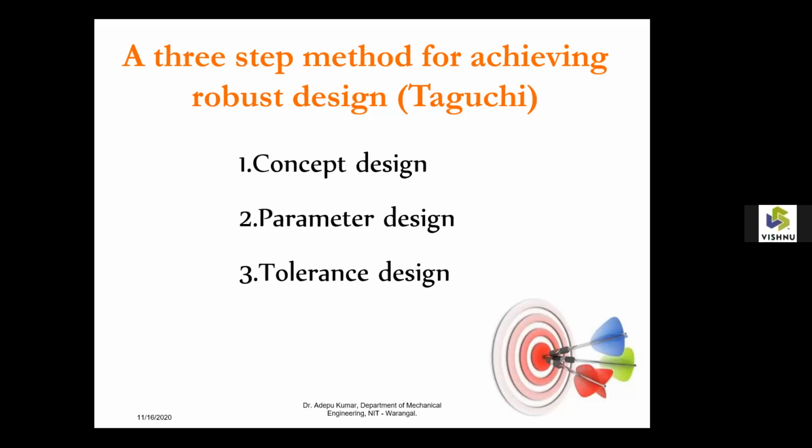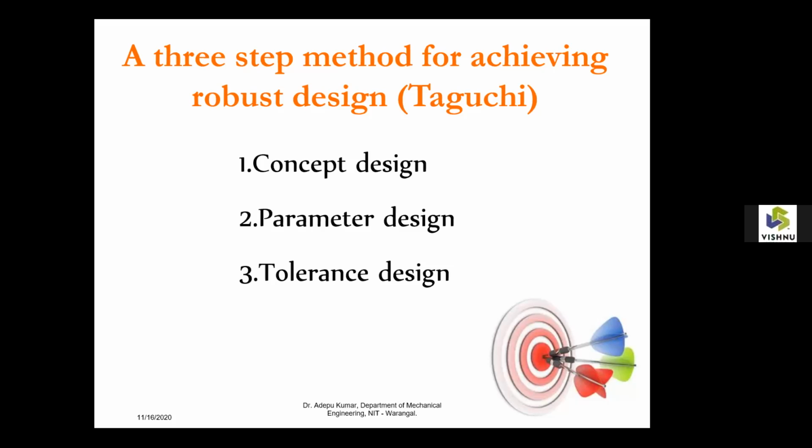If you have any mating parts, then you should check the tolerance of the 2 mating parts. If the tolerance is okay, then its functionality is okay. Suppose you take a shaft and bearing: if you maintain the proper tolerance on the shaft as well as the bearing, it functions.